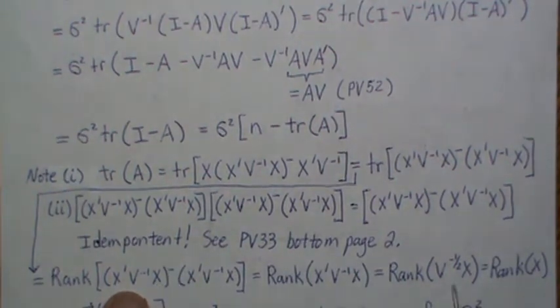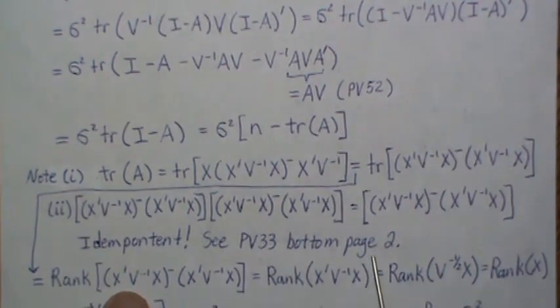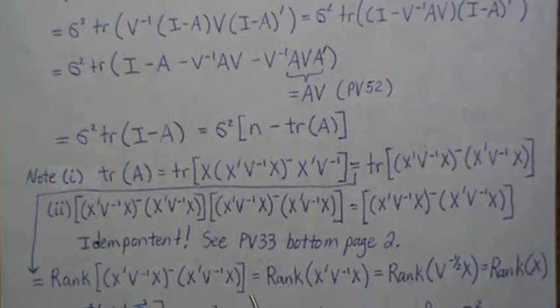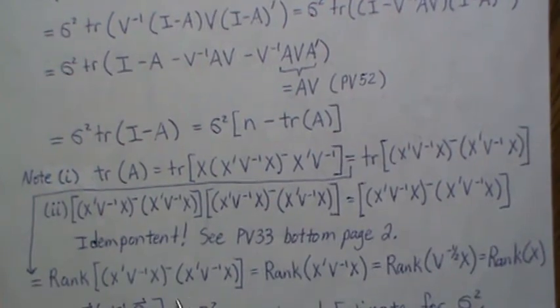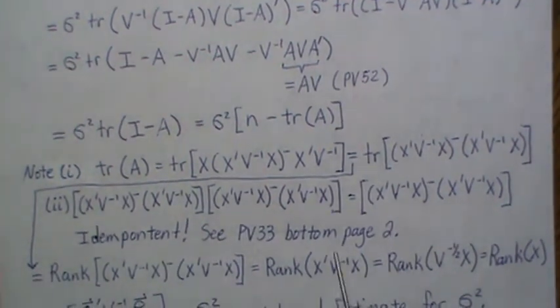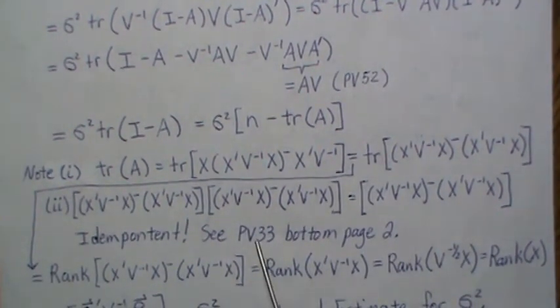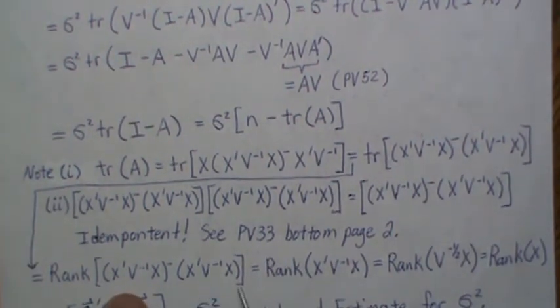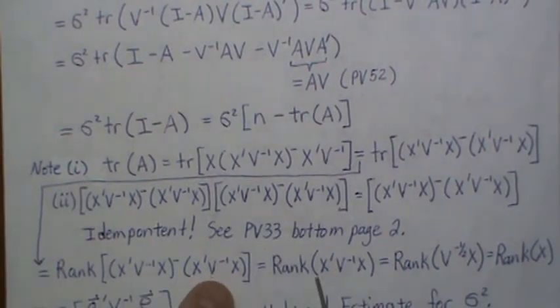What I'm getting ready to do here is, if we look at the previous video 33 on the bottom of page 2, I go into much more detail about these derivations. So if you want more detail, go to the previous video 33 in this playlist. So the rank of this is equal to the rank of just this matrix.